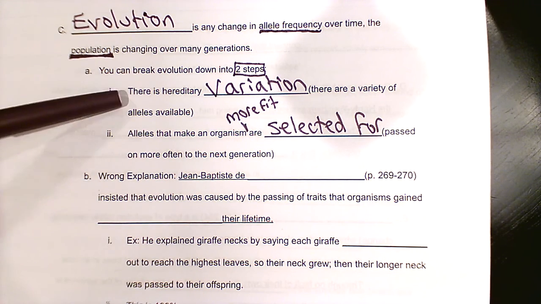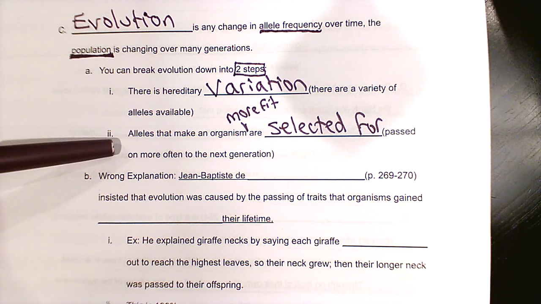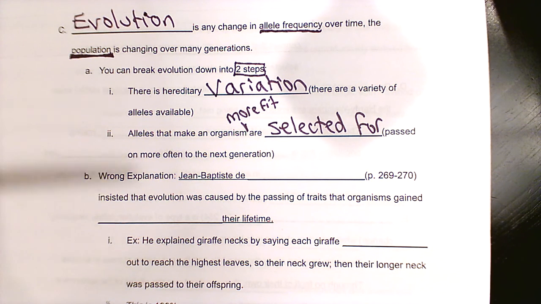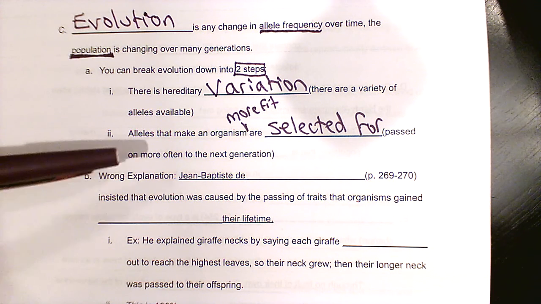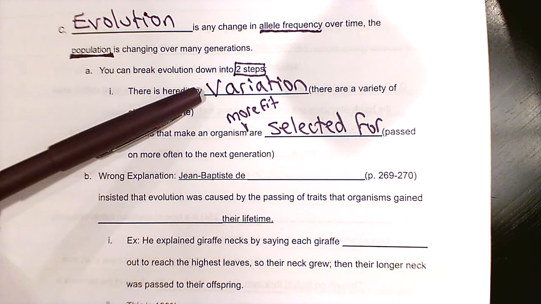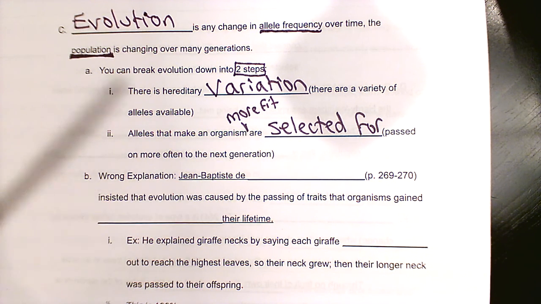So in essence, not everybody's the same, and if you're better, you get to have more babies. Remember, in terms of evolution, more offspring is success. And that's essentially evolution, right? There's variety, and some varieties are more likely to breed.